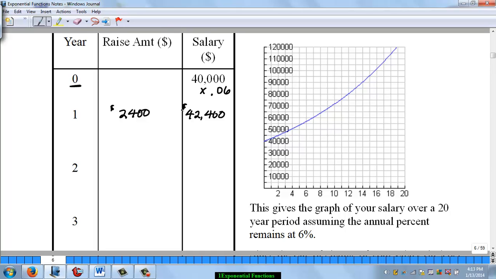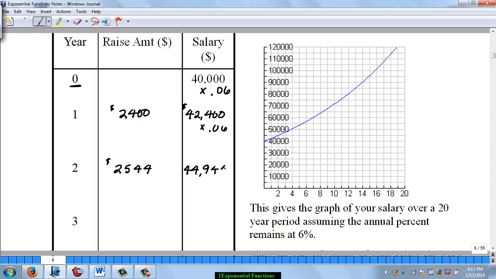Now year two, I still get a 6% raise, but it's on the $42,400. So when I multiply that out, I get $2,544. Do you see how my raise every year is going up because I'm making more each year? So now at the end of the second year, I'm making $44,944.